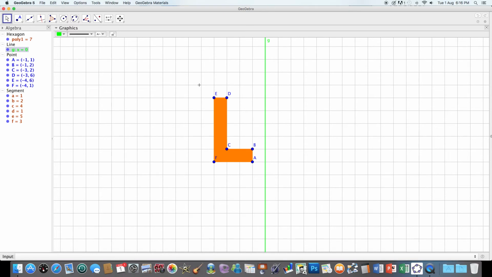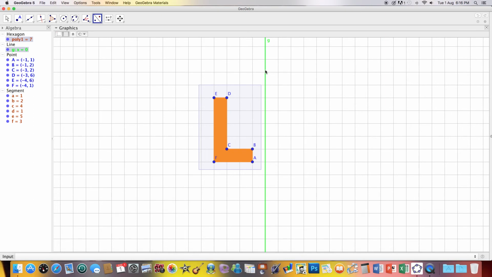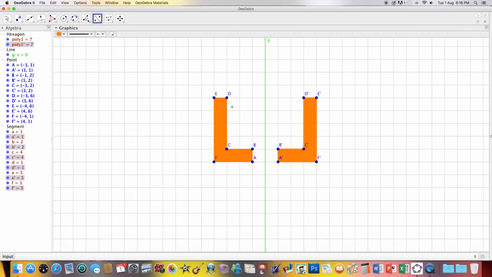So to show you this, I'm just going to reflect this through the mirror line first. And now we can see that B and B dashed are each one square away from the mirror line, A and A dashed are one square away from the mirror line, F is 4 squares and F dash is 4 squares, E is 4 squares and E dashed is 4 squares, and D is 3 squares and D dashed is 3.